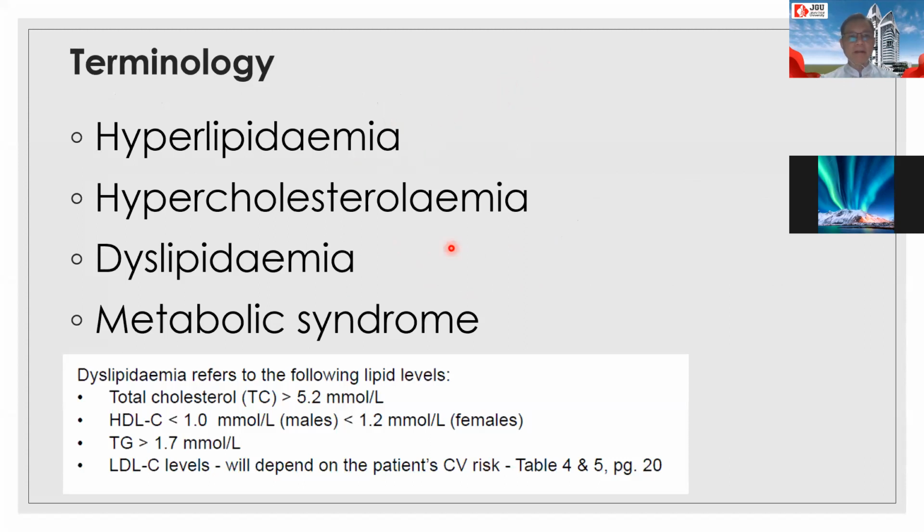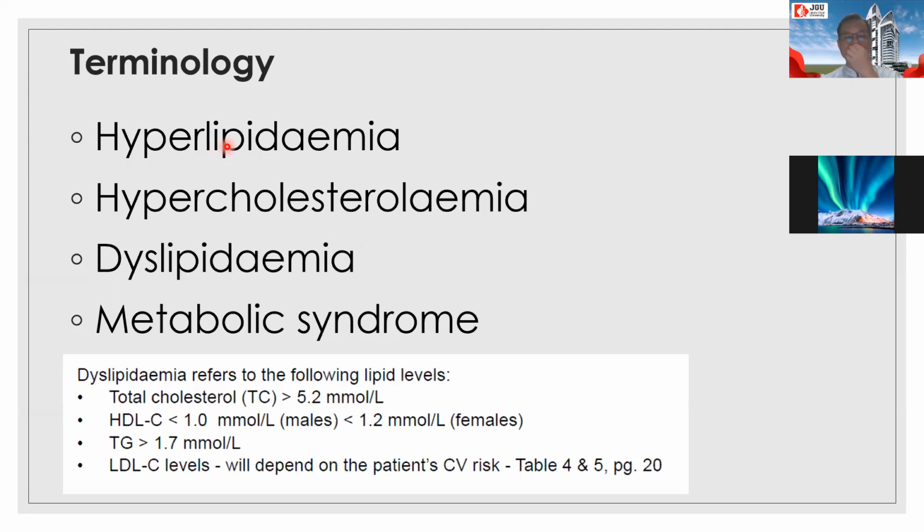Hyperlipidemia, hypercholesterolemia, dyslipidemia. Some books prefer to use dyslipidemia because, not all lipids do we want to be hyper. For example, LDL, of course, we want to be low, but HDL, we want to be high.